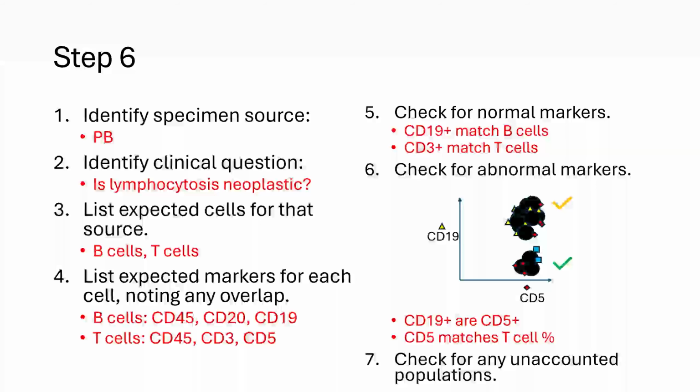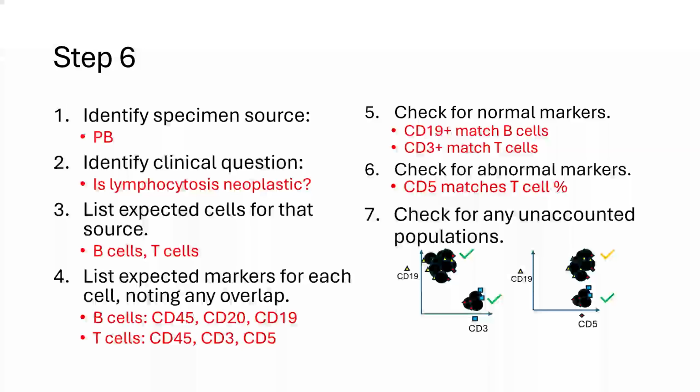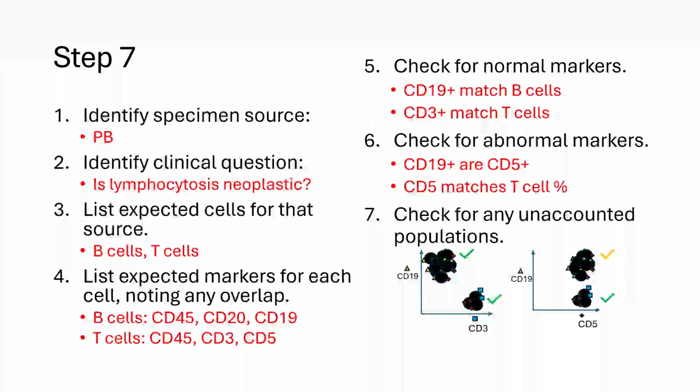CD5 is a normal marker for CD3, for T cells. Finally, check for any unaccounted populations. As we review our initial charts, there are no populations that we have not checkmarked. And so we have accounted for all the populations.